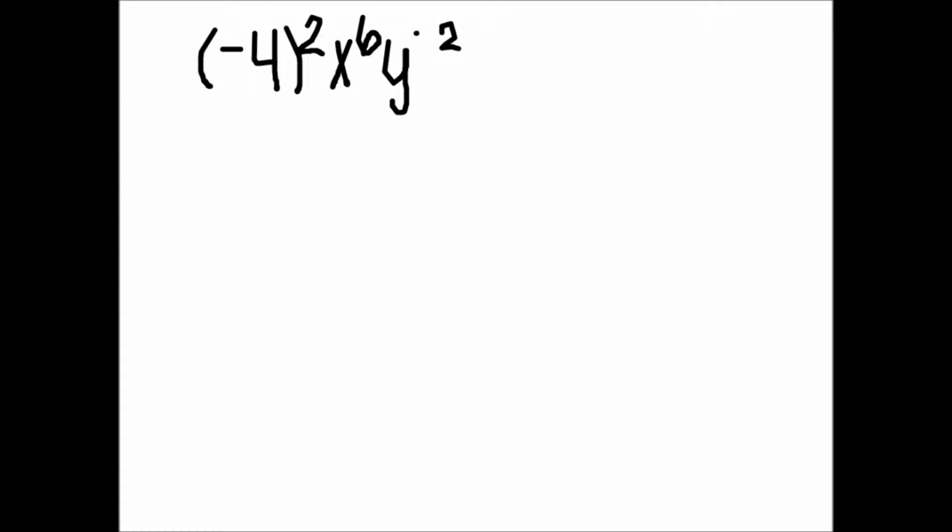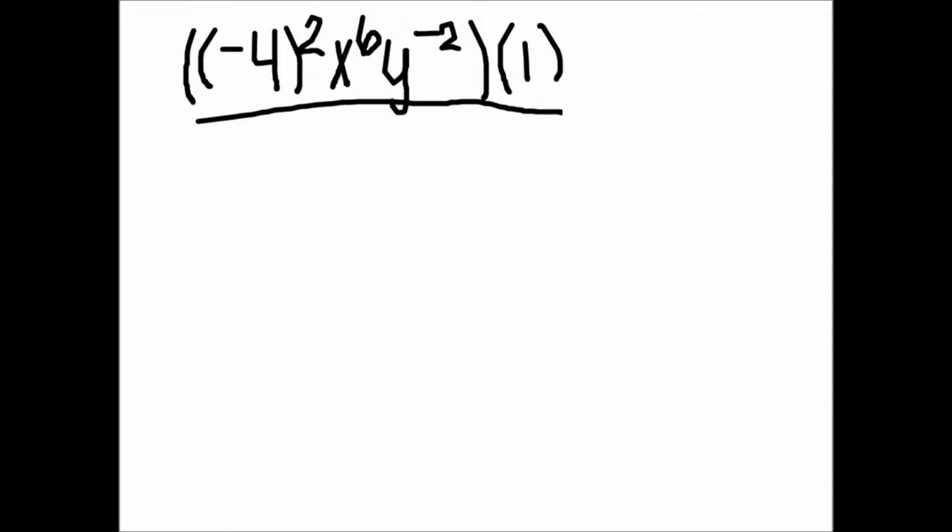So we had negative 4 squared, x to the 6th, y to the negative 2, and then times a 1, divided by 8, x to the 12th, y to the 3rd.